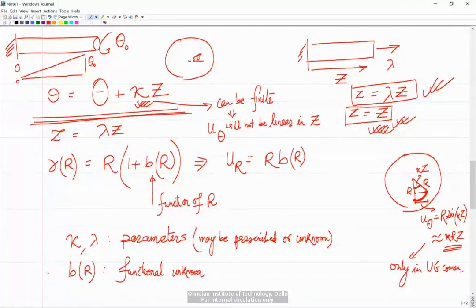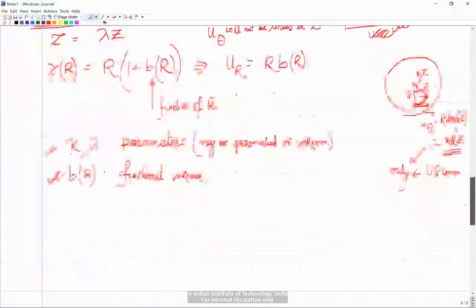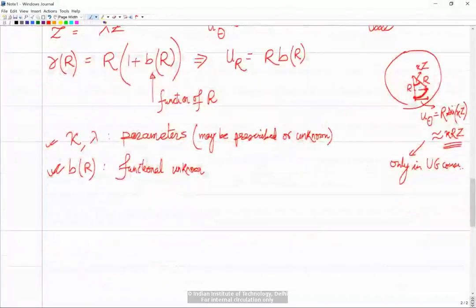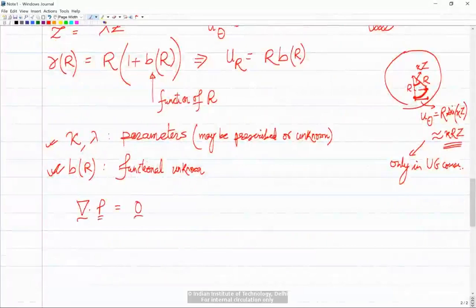So we have to think of deriving equations for these unknowns. Okay, so how do we derive it? So of course we know the equilibrium equation, that is divergence of P equal to 0, right? Now as I said, we want to work with cylindrical coordinate system. So we have to think of writing down the components of this equation in cylindrical coordinate system.